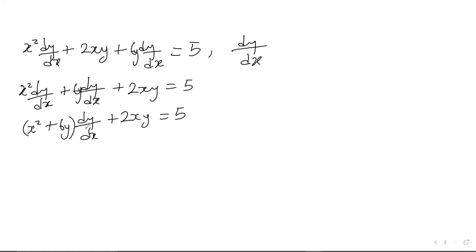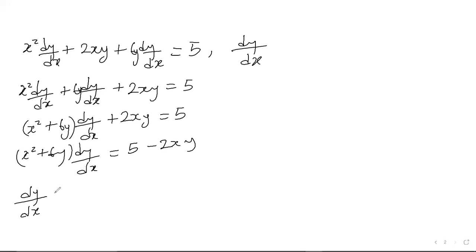So I'm going to make dy/dx the subject of the formula here. So I'll take this term to the other side. So you have x squared plus 6y times dy/dx equals 5 minus 2xy. Now dy/dx standing alone will be 5 minus 2xy divided by x squared plus 6y.